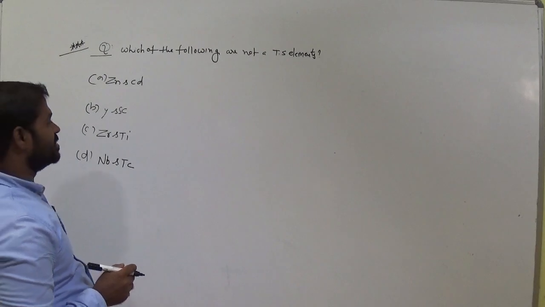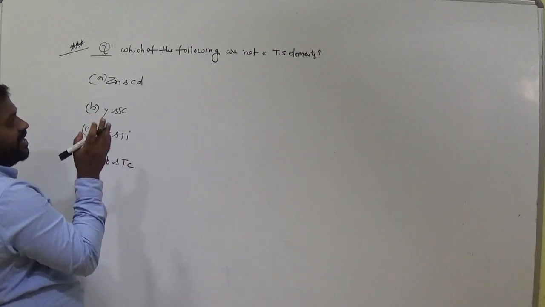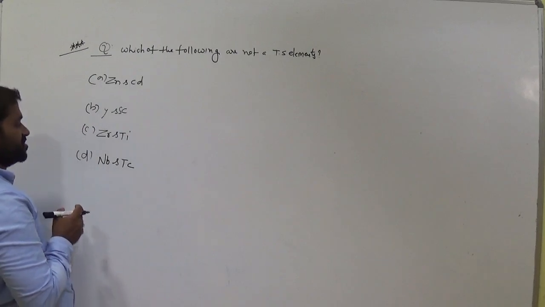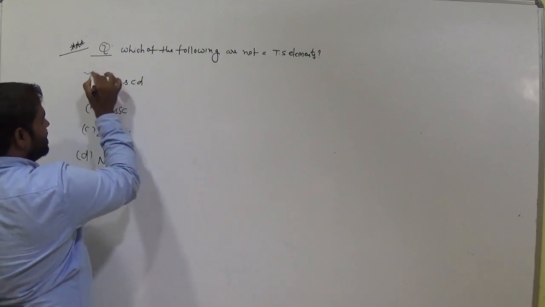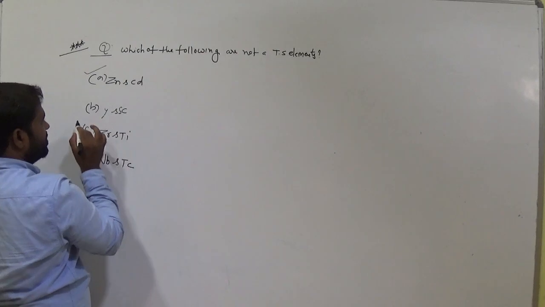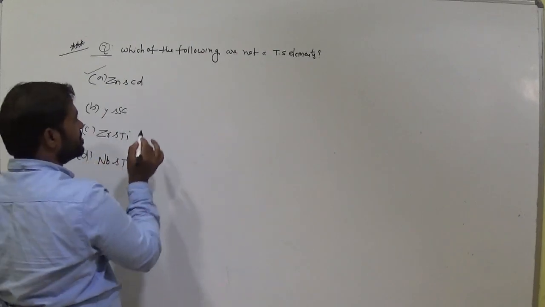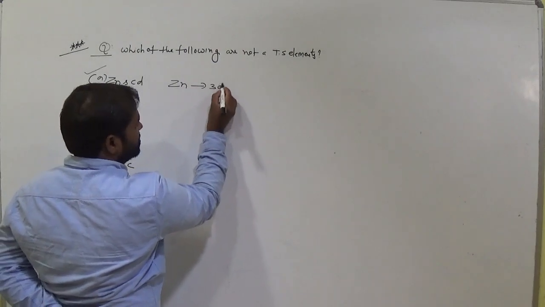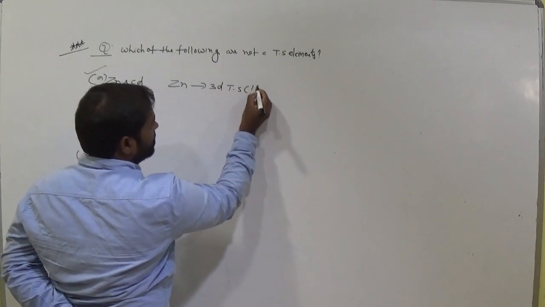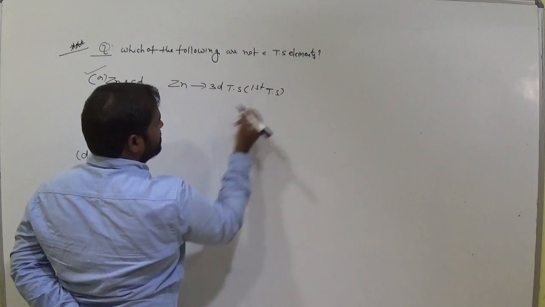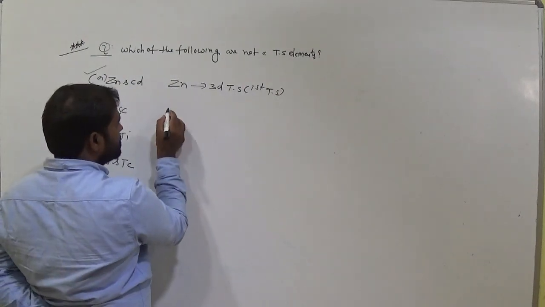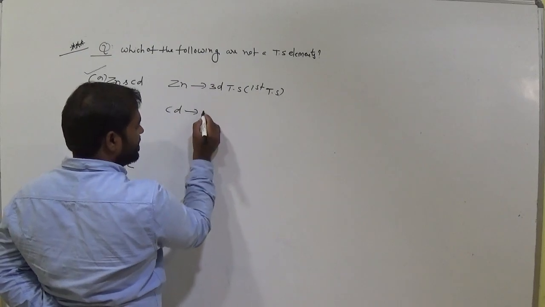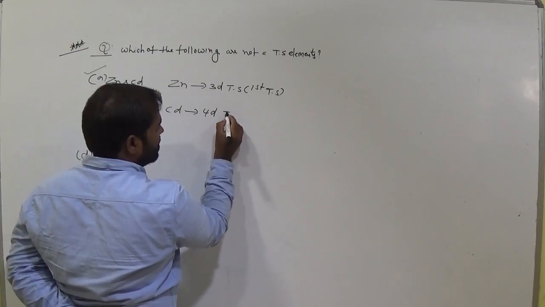So which of the following are not transition elements? This is the answer, zinc and cadmium. Why? Because zinc belongs to, as we already discussed, the 3d transition series or first transition series, and cadmium is the last element of the 4d transition series.